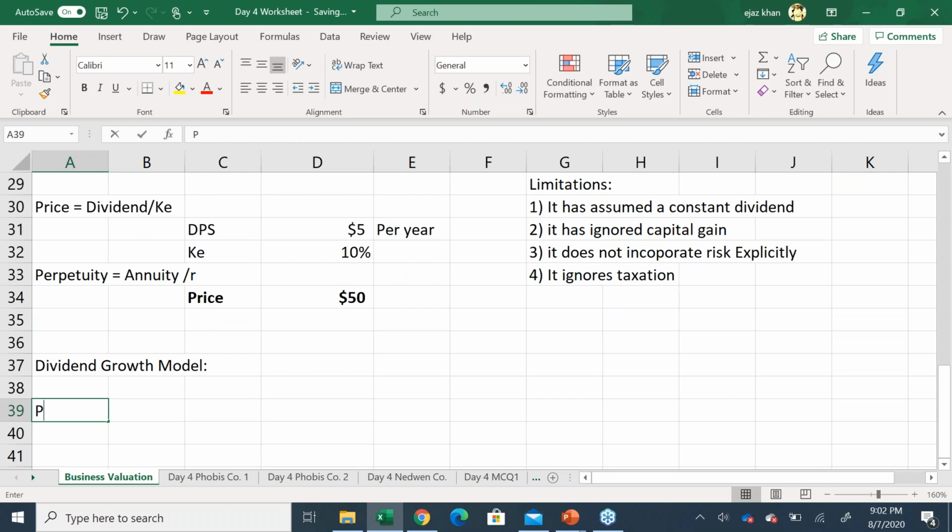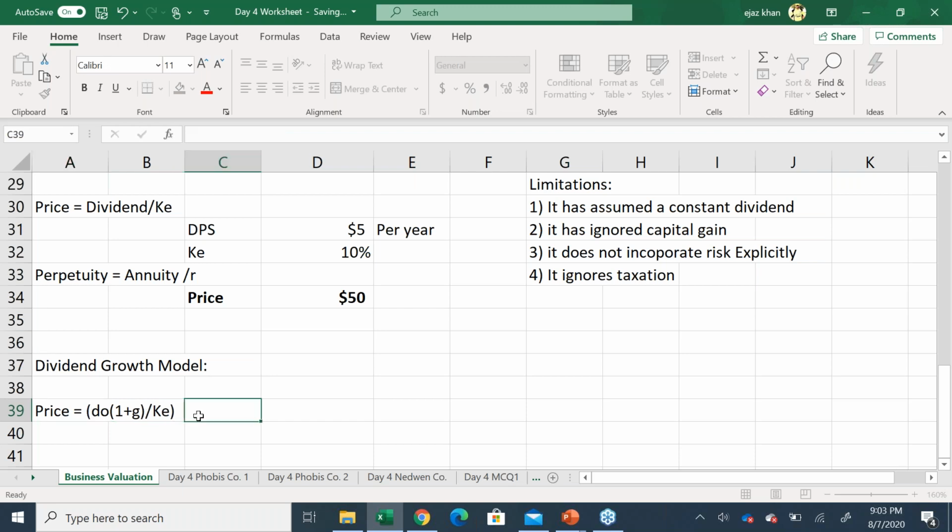According to that, the price will be equal to D naught into 1 plus G, the growth, this whole divided by KE minus G.